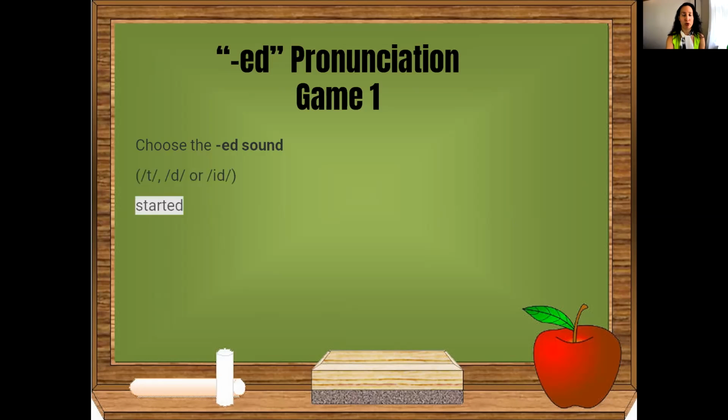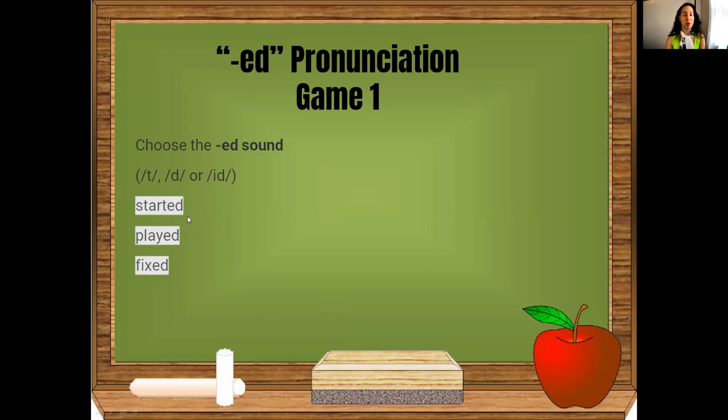Okay, now we have 3 words here. Now think about it. I'm going to say the word. So you think about the sound at the end. Started. I'll repeat. Started. Is it a T sound, a D sound, or an ID sound? ID is ID. Started.